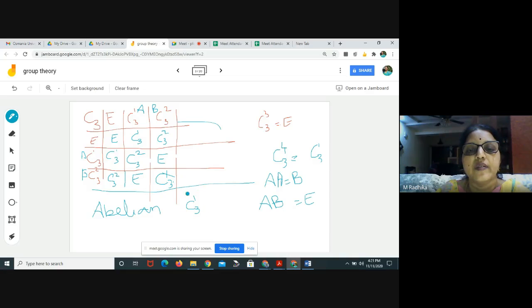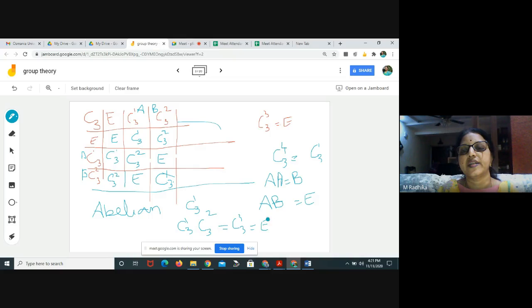This is a trivial element we are telling. To generate the other elements, first I'll try to generate E. To generate E, I should multiply C3^1 with C3^2. C3^1 into C3^2. What do I get? C3^3, nothing but E.